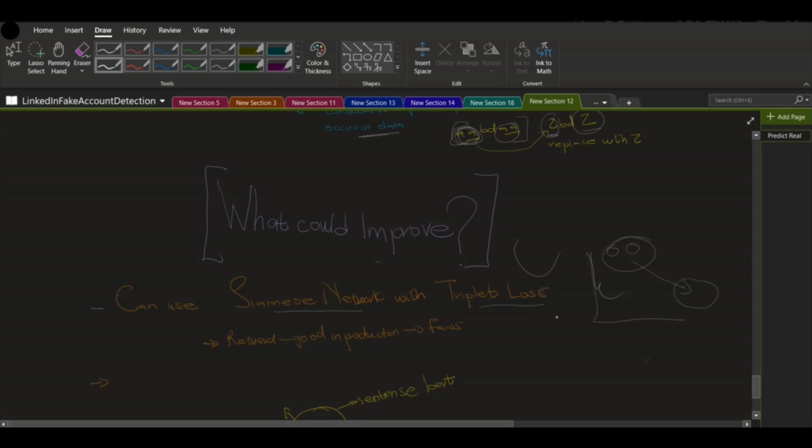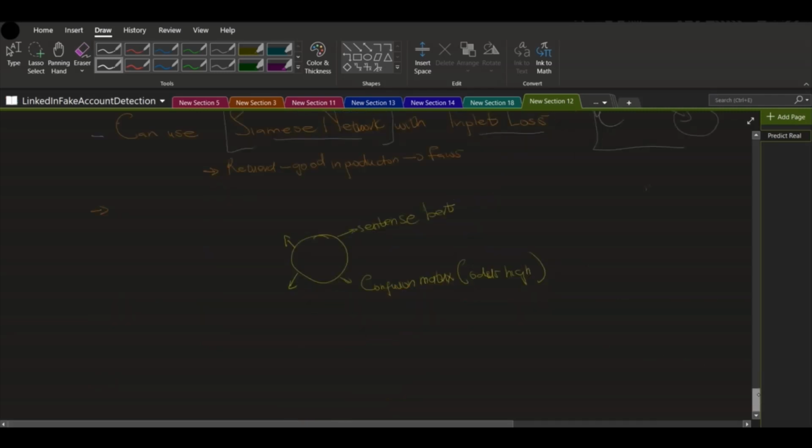I think this might have worked, especially if we're dealing with names and nicknames that don't have a pattern. So I'll definitely try a Siamese network with a triplet loss.